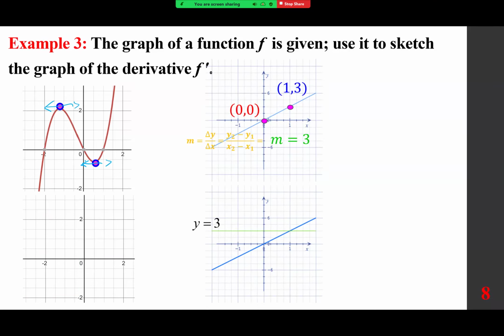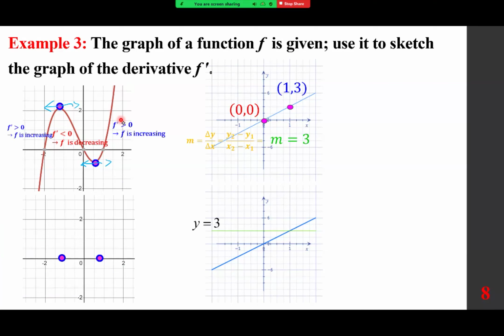Those 2 points have derivative which is 0 because it's a horizontal tangent line. So they correspond to these 2 points. And this portion of the graph is decreasing. This portion of the graph, both of them, this side and this side, increasing.